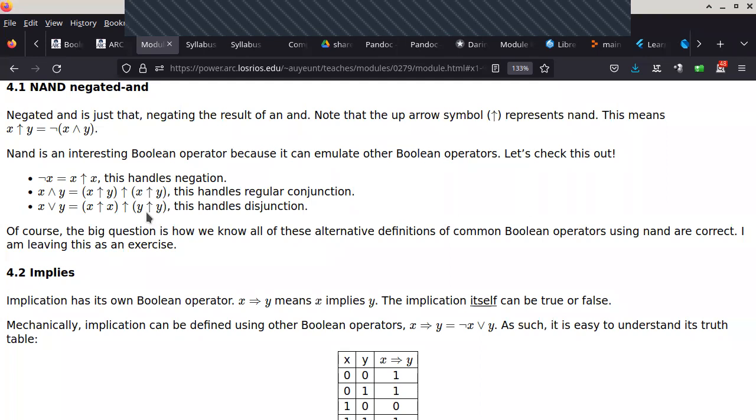So you can give it a try, okay? Next time you write a program in C or C++, you can use a macro definition, or you can use a function to define NAND. And then instead of using not, logical AND and logical OR, convert everything to NAND. Do that only if you have a lot of time on your hands, okay?